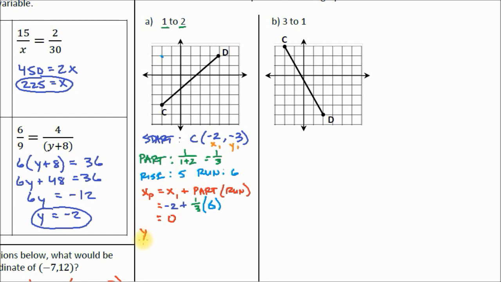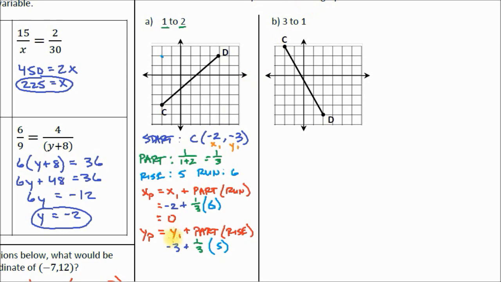Let's find the y value now of point P. That's going to be y sub 1 plus the part of our line we're moving along times the rise. So basically we're taking 1/3 of the rise and adding it to our starting y value. Let's do these in colors again so we see our starting value is -3 plus, we've got our part which is 1/3, and we now have our rise which is 5.